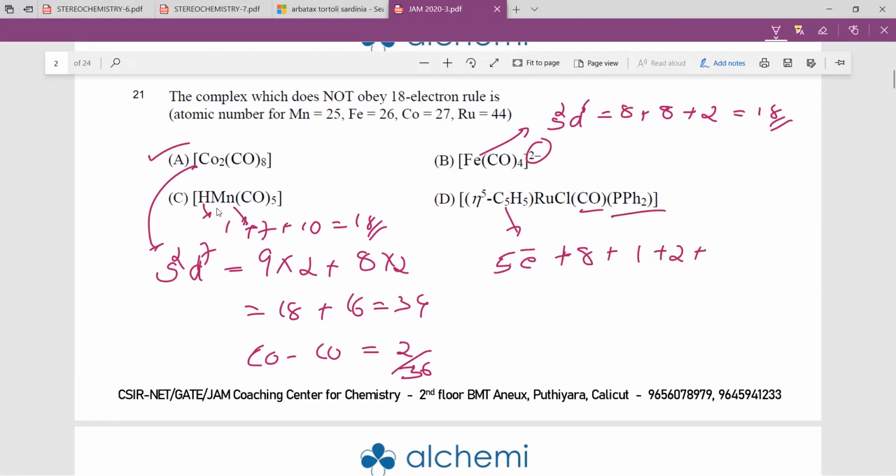Here in this case, you can see it's PPh2, any group from nitrogen's family. If it satisfies 3 valency, suppose NH3 like this, or NR3, then this is a 2 electron donor.